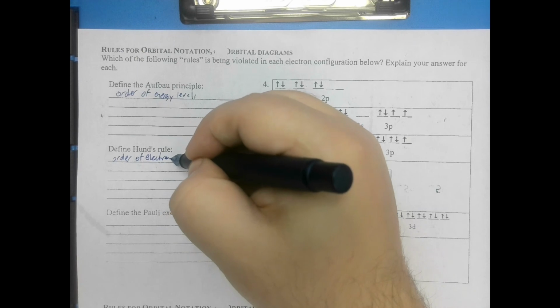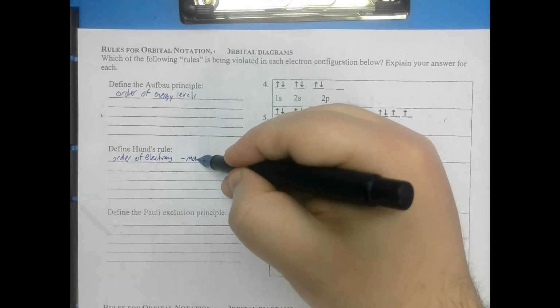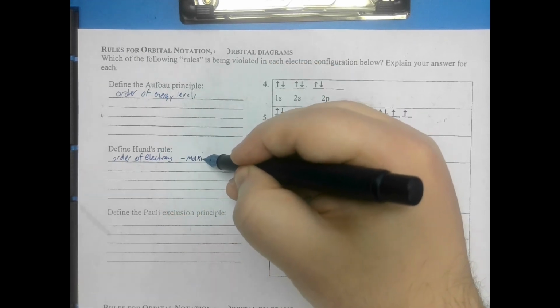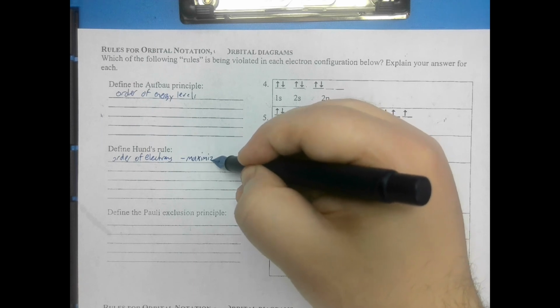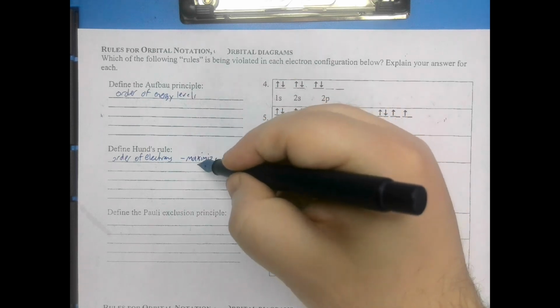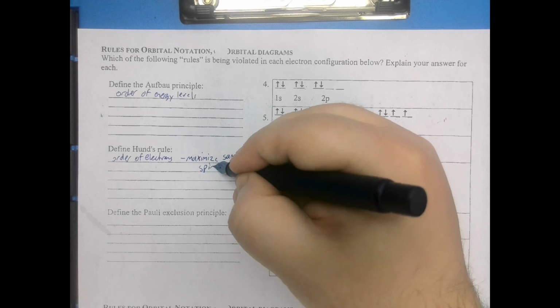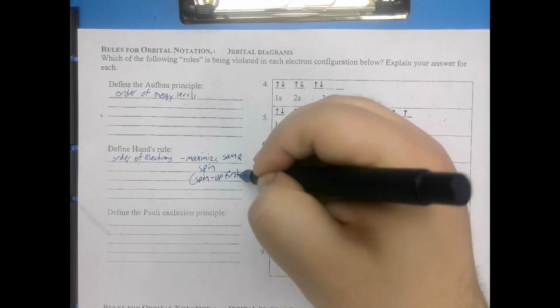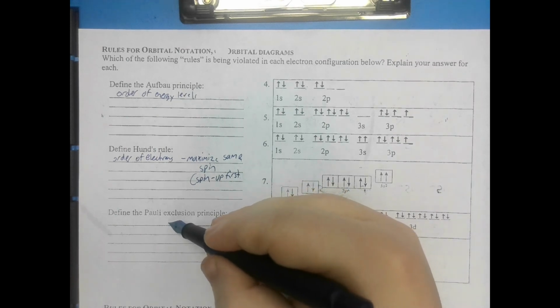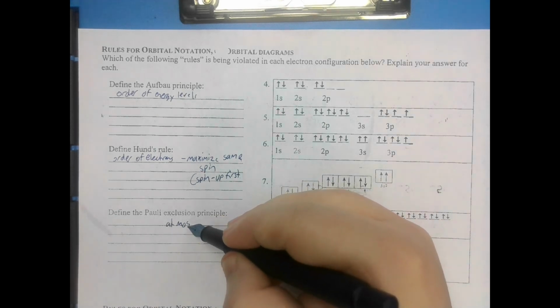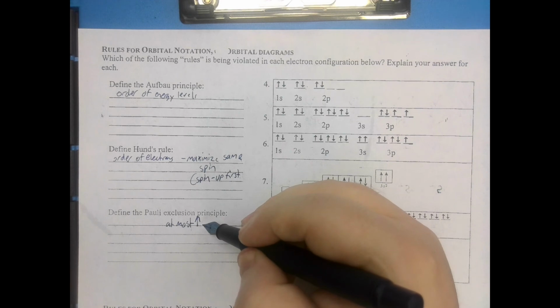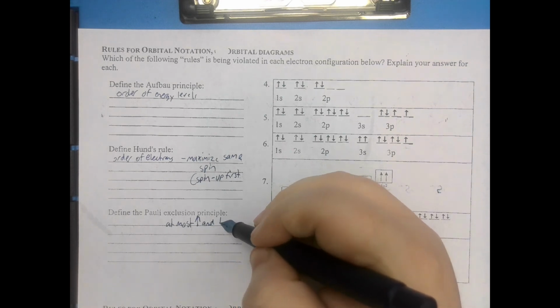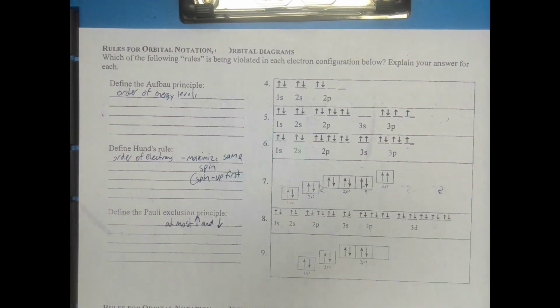This is your maximum spin. Maximize same spin, so spin up first. And Pauli exclusion, at most 1 spin up and 1 spin down per orbital.